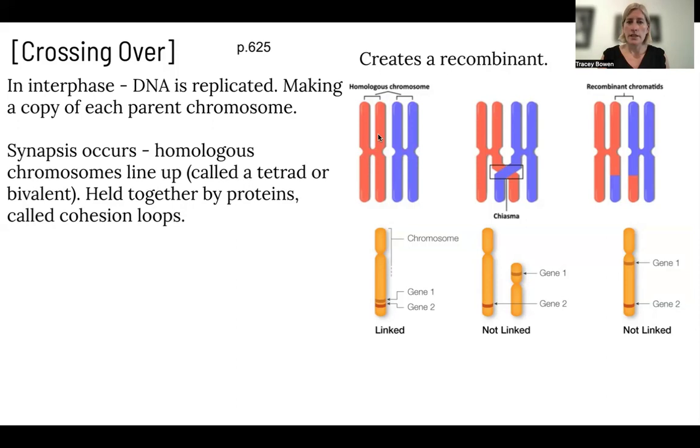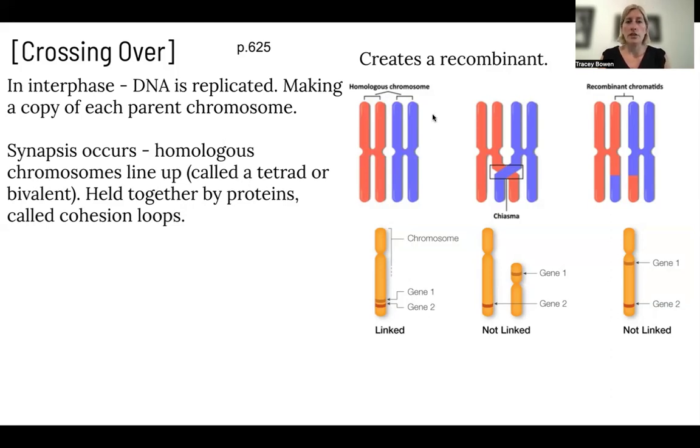And the pink one is an exact copy of the pink chromosome that came from your mom. The reds are sister chromatids and the blues are sister chromatids, but the two of them to each other are homologous chromosomes because they're both chromosome 1.